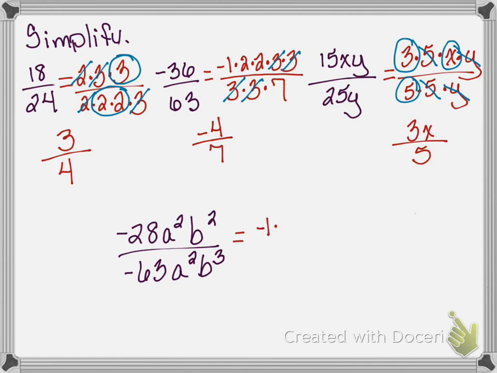And then I think 28 is 4 times 7. But is 4 broken down completely? No. What should it be? Good. Now, if you need to do a factor tree, do the factor tree.